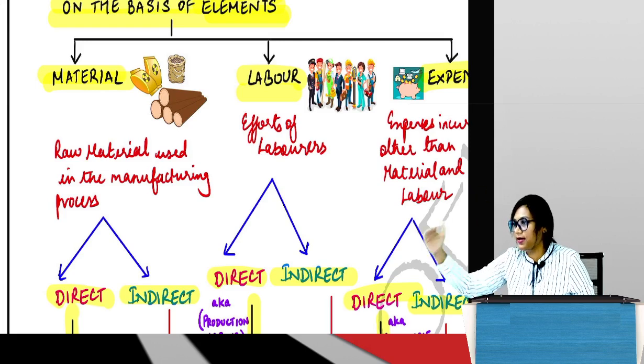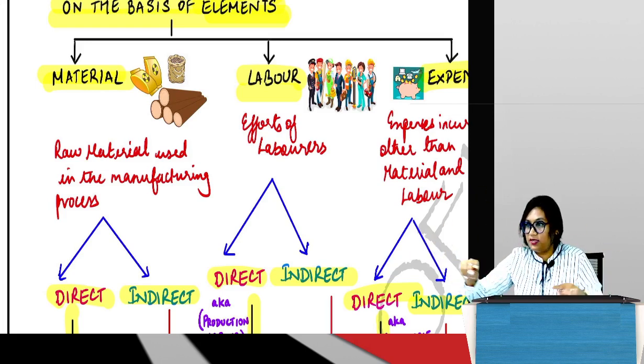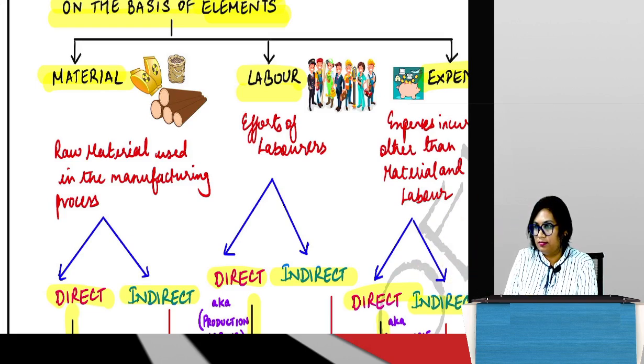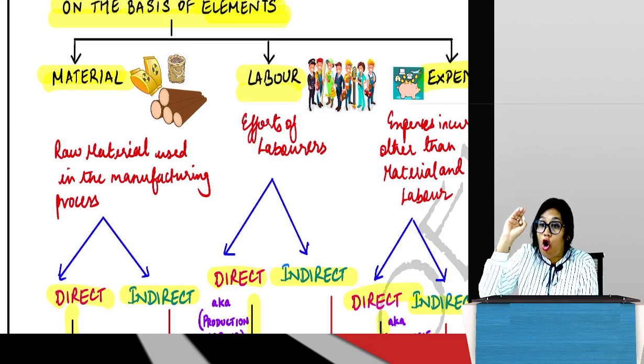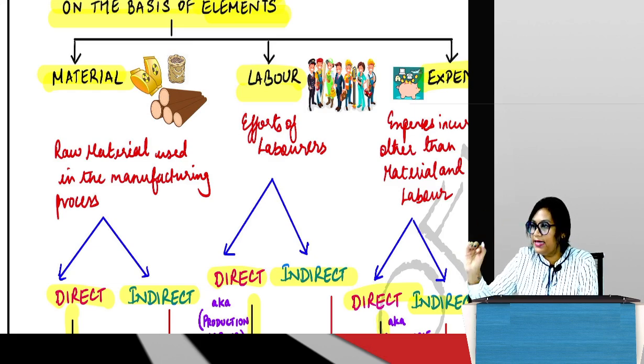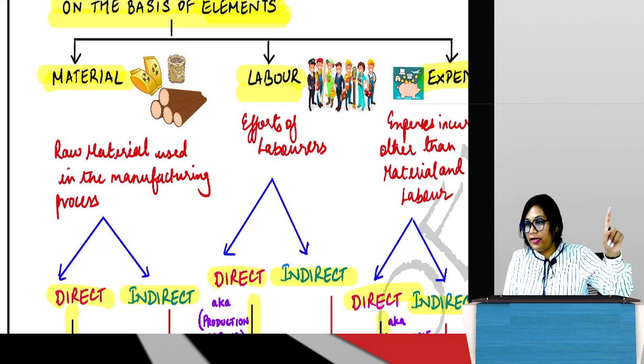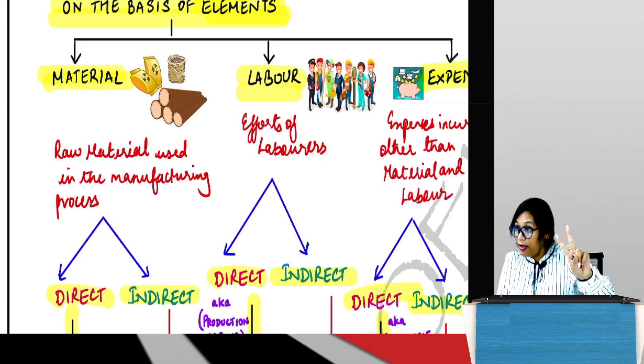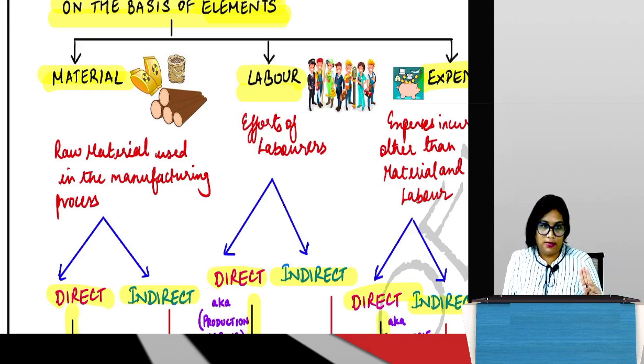Expenses has direct and indirect. Of this classification, if I put all the indirects together, then it becomes overheads. Overheads are all, please note the word that I am using, all indirect costs: indirect material, indirect labor, indirect other expenses.